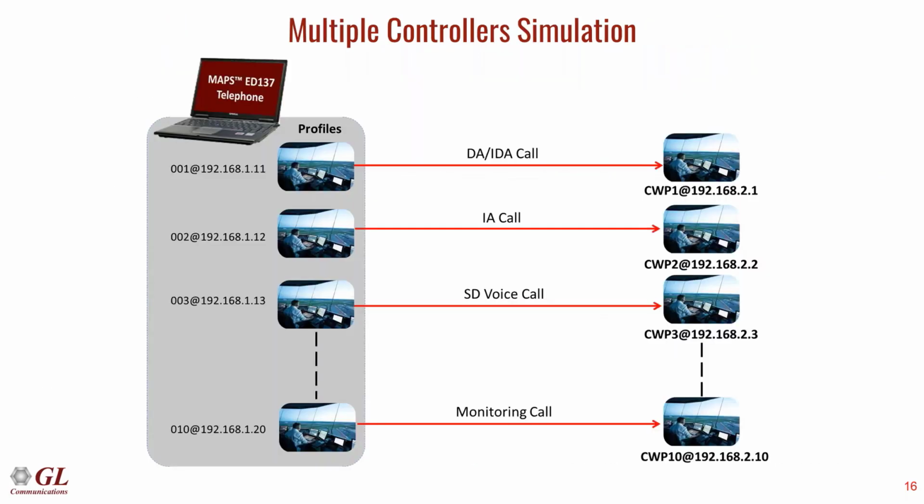Again, in this picture, we are trying to show that we can simulate multiple controller working positions, and we can simulate all these different types of telephone call types like DA call, instantaneous access, single destination voice call, multi-destination, monitoring calls, and all.